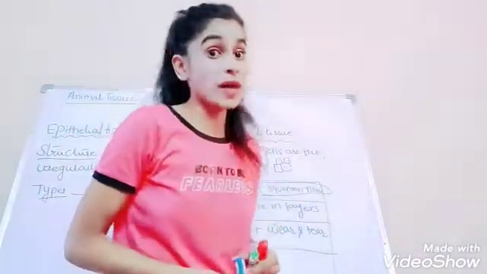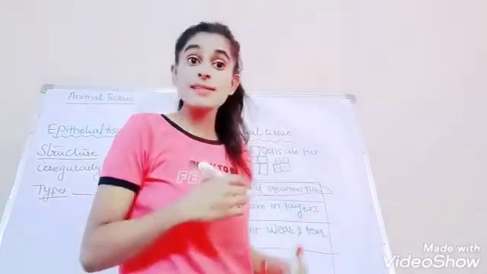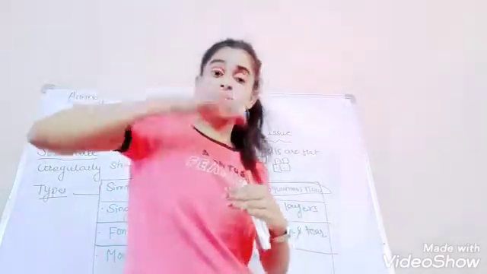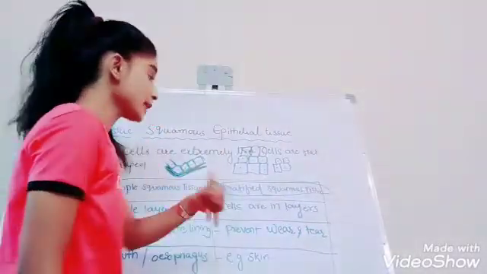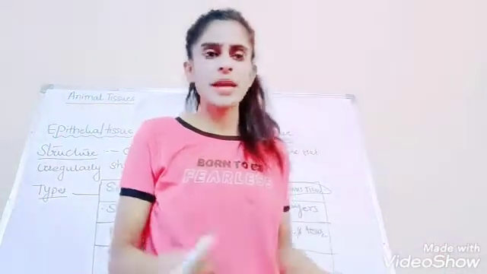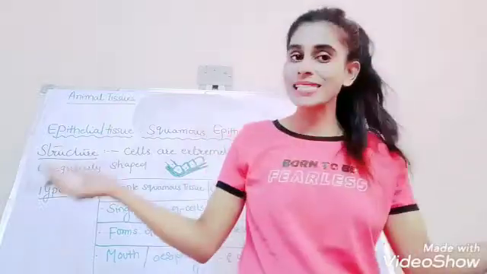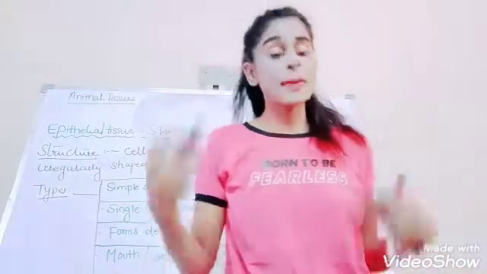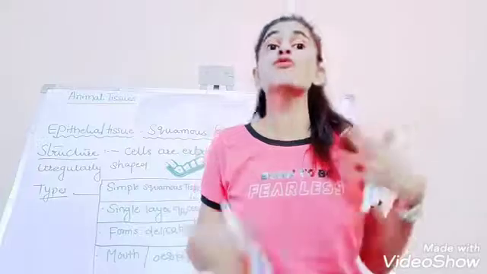What is stratified squamous tissue? When the cells are arranged in layers, it is called stratified squamous tissue. It prevents wear and tear, scratches and wounds. The best example is skin. Squamous epithelial tissue is mostly the inner lining of skin.